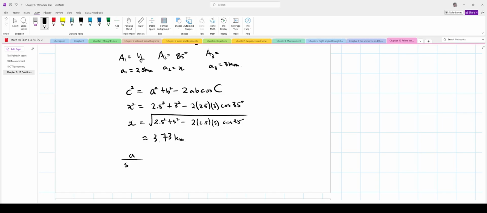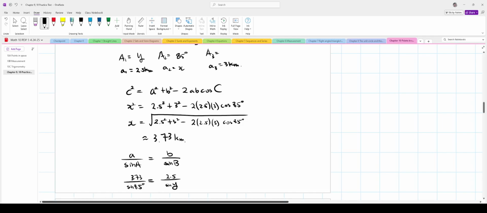A over sine of A equals B over sine of B. So in this case, 3.73 divided by sine of 85 is equal to 2.5 divided by sine of y.